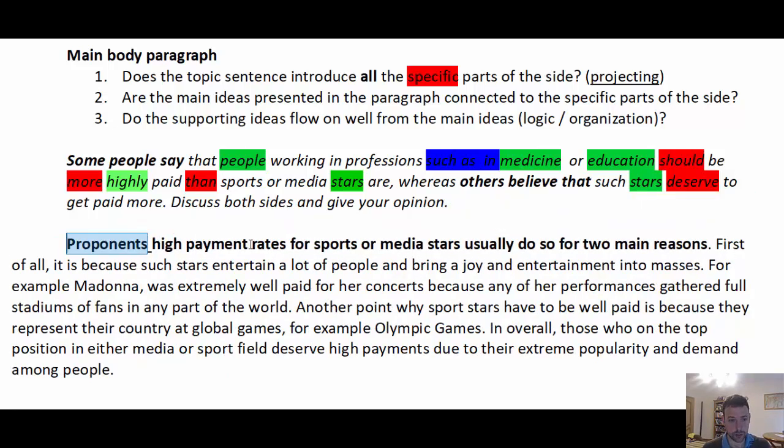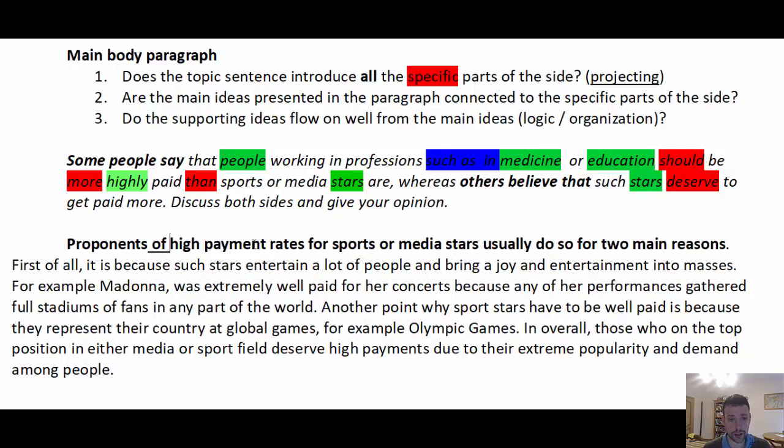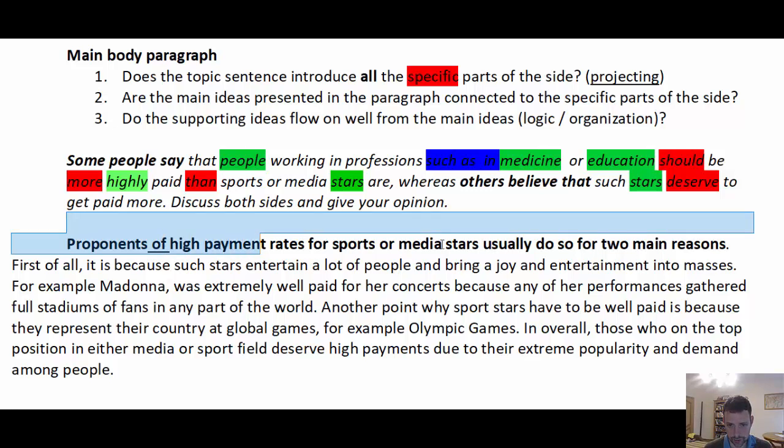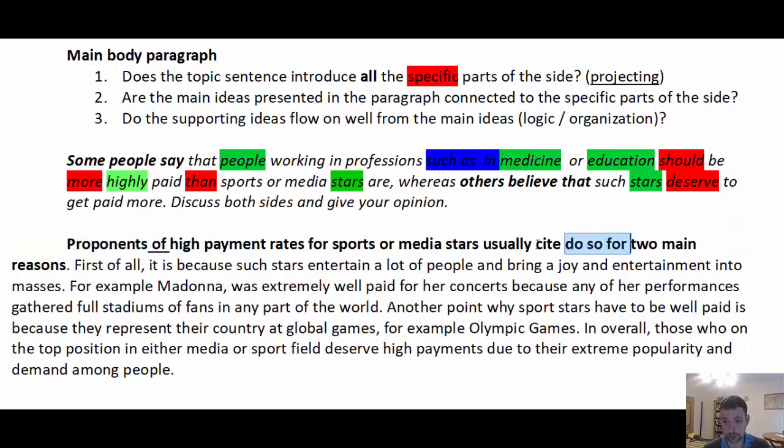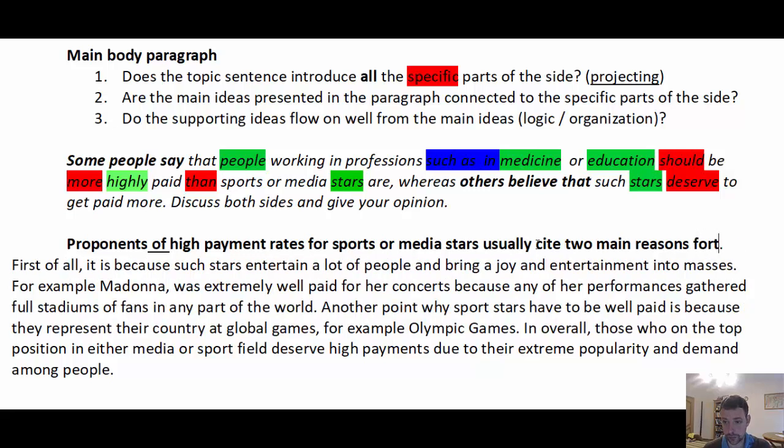Okay, proponents, and then we have to have proponents of high payment rates. Proponents of high payment rates for sports and media stars usually cite two main reasons for their position.